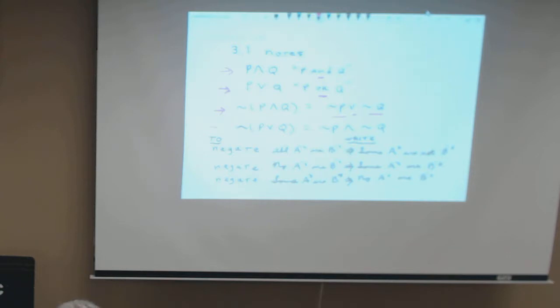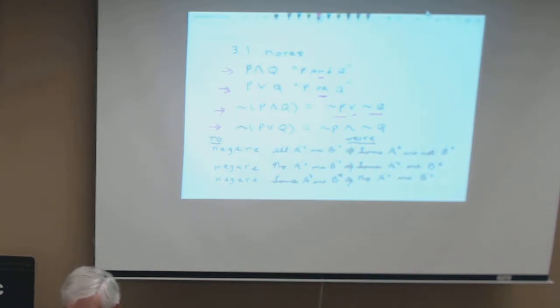How do I negate P or Q? Well, what do you think? Anybody want to guess? If I negate P and Q with not P or not Q, how would I negate P or Q?